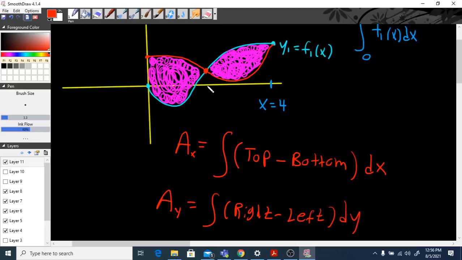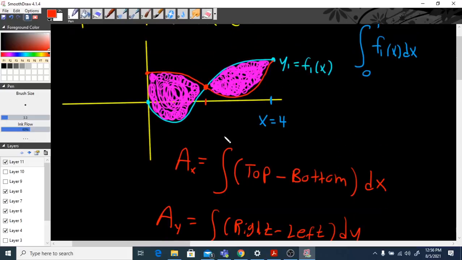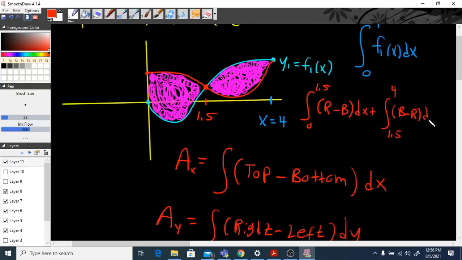Let's say that was 1.5, x equals 1.5. So we would do the integral from 0 to 1.5 of the red minus blue, and then plus the integral from 1.5 to 4, and this time we would do blue minus red. So that's how we'd find the area between those two curves.